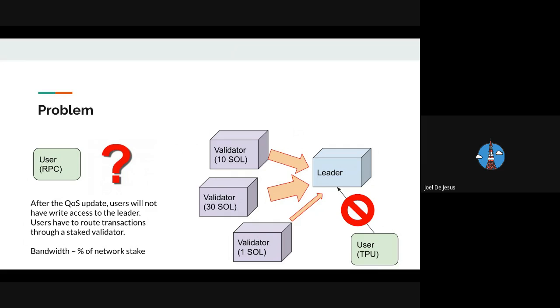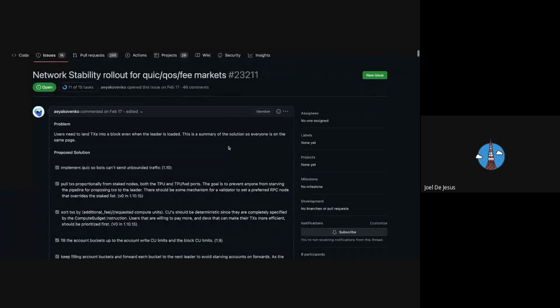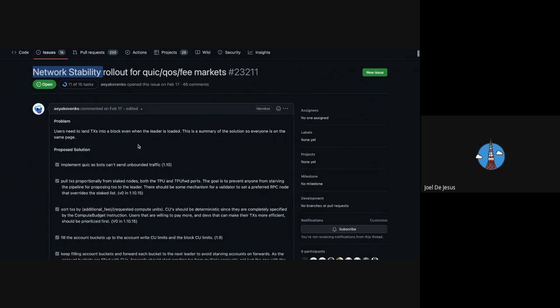But the problem with this approach, as you'll be able to see in this GitHub issue, is network stability. There's no traffic control when everybody can talk to the leader.